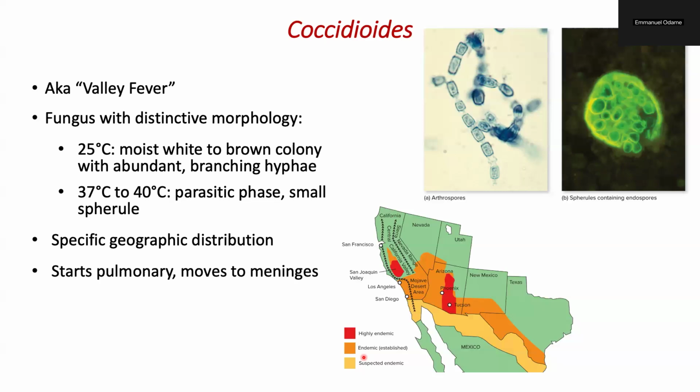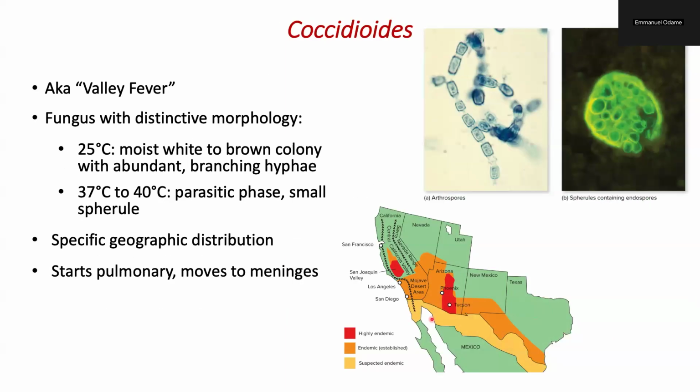There are two causative organisms that have been identified. The first one is C. immitis, which causes disease and is present in the United States, in California precisely. And C. posadasii is the one normally found in northern Mexico, as we can see in this geographical distribution. So now let's move to the next one on our list.